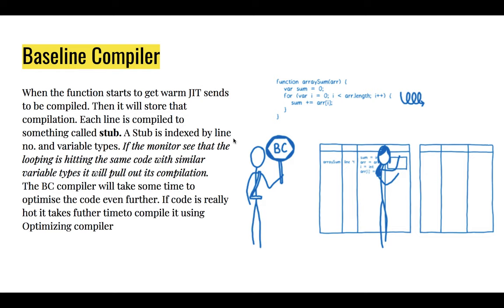Each line of the code, say sum plus equals array I, is a stub. If the monitor sees that the looping is hitting the same code with a similar variable, it will pull out the same compilation. What is meant by similar variable and same compilation, I will explain later.